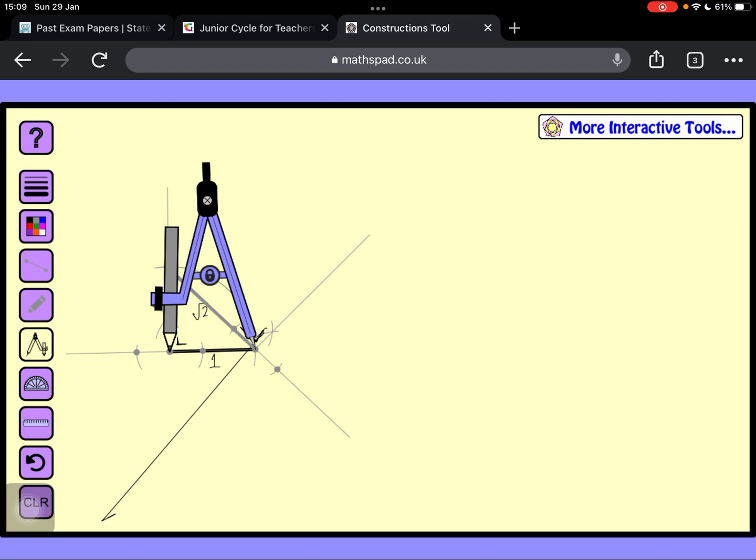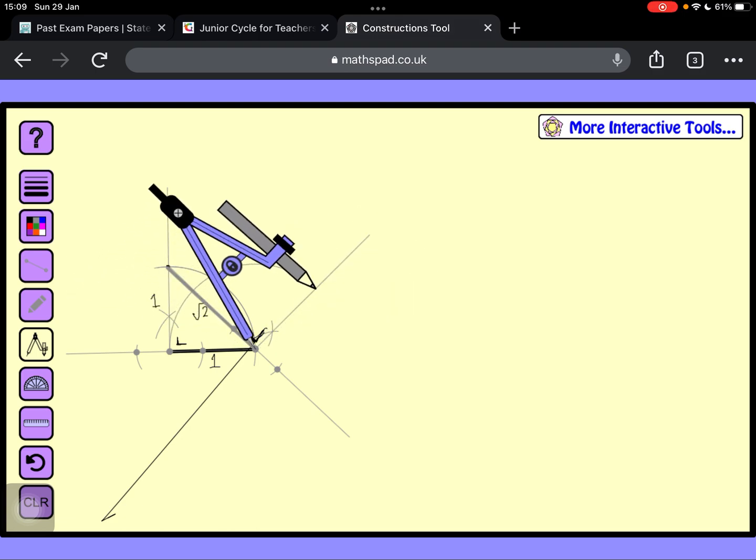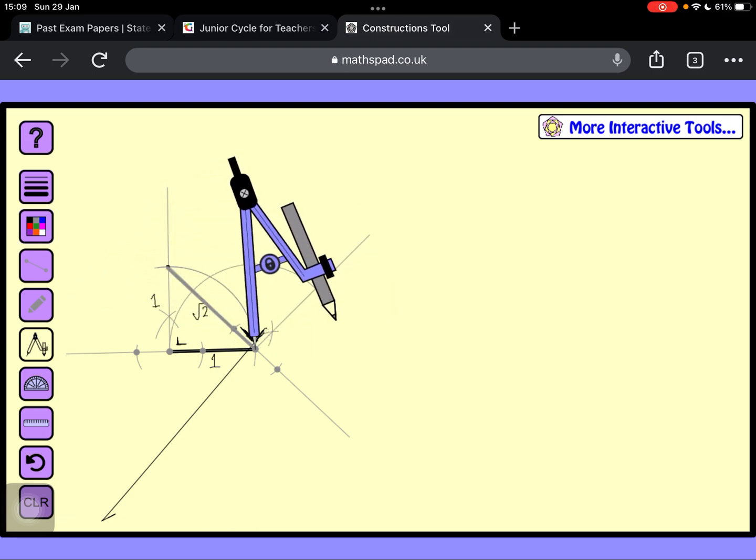So it is a lot nicer to actually just drag that around and show the arc the full way. Yeah, so just do that. And then when you move your compass away, we know that this point here is 1 unit up.